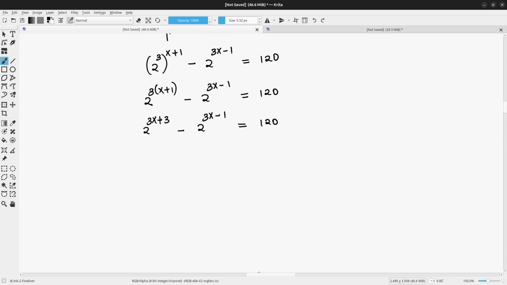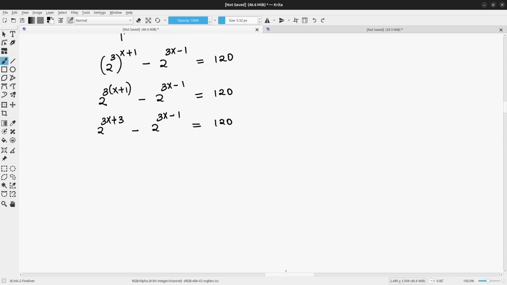Now at this point, you need to remember that when I give you x to the power of a times x to the power of b, this is equal to x to the power of a plus b. When the bases are the same and the sign is multiplication, you add the powers. So in our case, we need to rewrite this term and this other term so that they are individual.